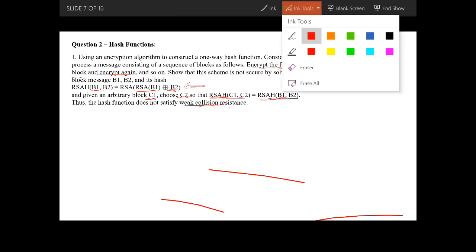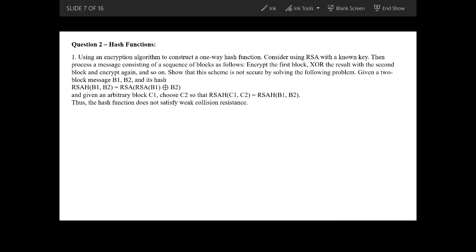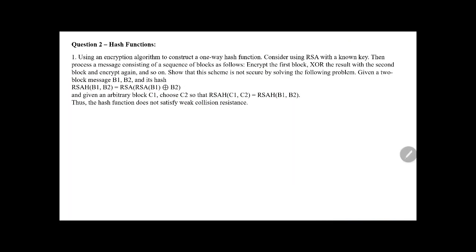Okay, so let's start solving this problem. Our goal here is to find C2 such that the RSA hash of C1, C2 is exactly equal to the RSA hash of B1, B2. This is our goal. We want to find a collision.